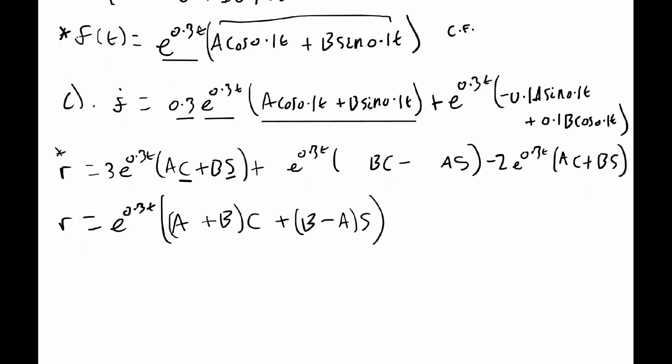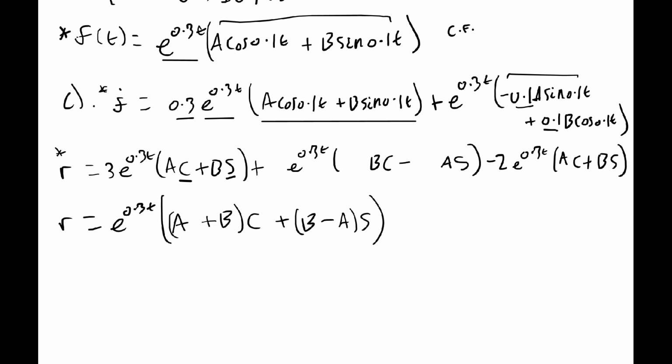So I've multiplied my f dot by 10, and that gives me 3 e to the 0.3t times a cos plus b sine, plus, and then the 10 here, I've multiplied into the bracketed expression, so I just get 1b cos take away 1a sine, and then of course we've got take away 2f, so take away 2 e to the 0.3t times a cos plus b sine.